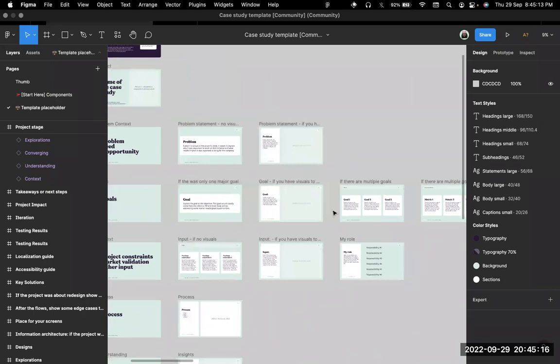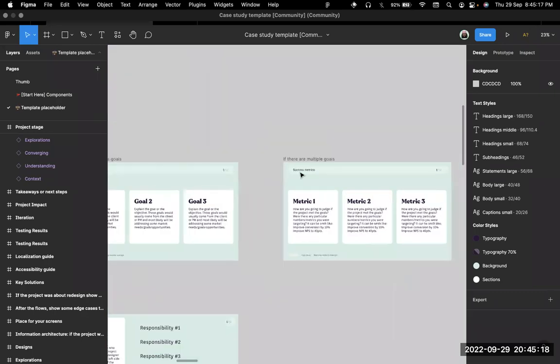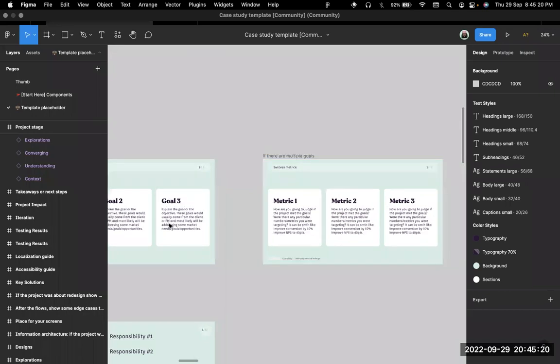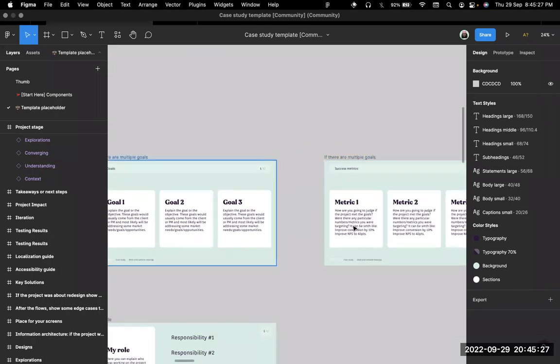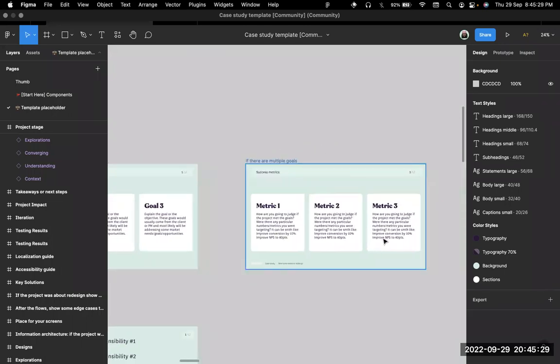You're good to go. So you see, you have the set of goals right here. You have the metric you use in checking to ensure that those goals are met. So you can say, okay, this is the metric 1 you're using to check that this goal is met. This is metric 2 and metric 3.